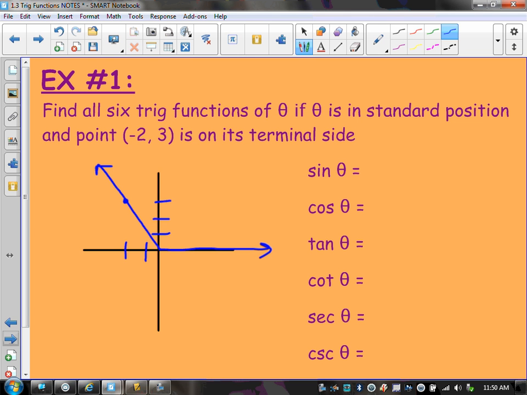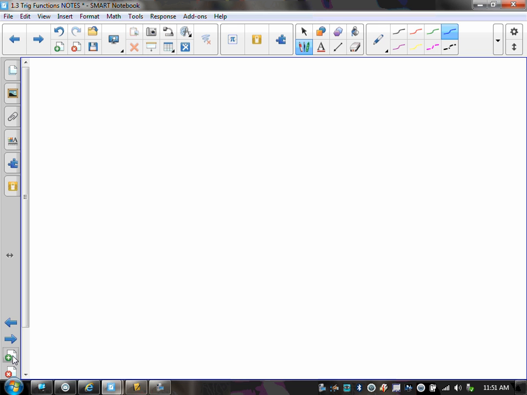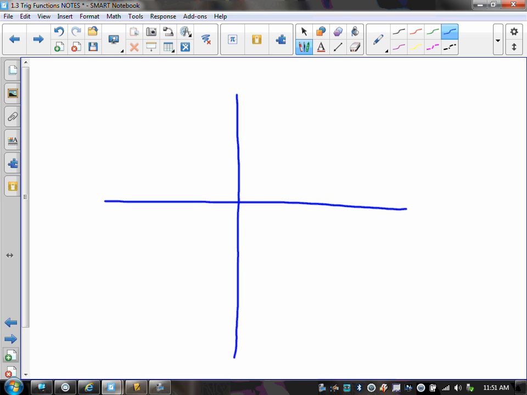I'm going to put a new page in here. If I have a coordinate plane and my angle ends up in this quadrant, I'm simply going to drop down and make my right angle there, where theta ends up being.